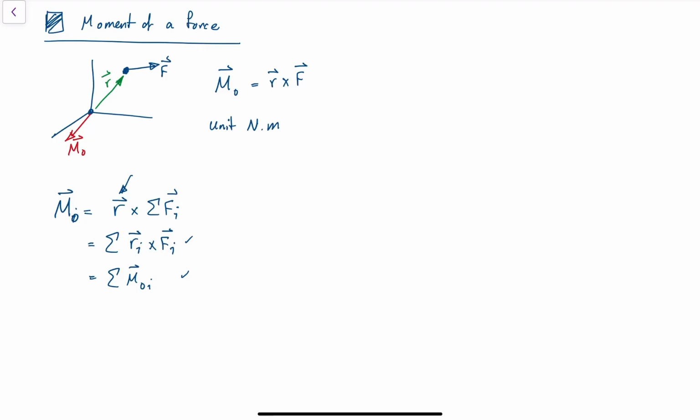Similarly, if I draw everything in a 2D plane, if you have a force this way, a reference point there, you can always find the perpendicular distance to the line of action of the force, and the magnitude of the moment is Fd, and the direction is given by the right-hand rule.